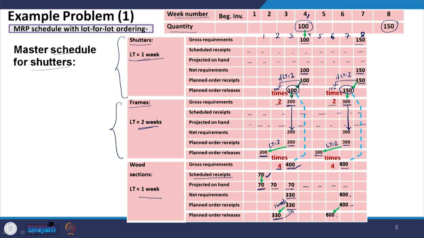So, I will place the order of 600 units in the 6th week, so that these quantities become available to me in the 7th week, and then I will use them for making 150 units of shutters which are required in the 8th week. So, this is how you can explode, you can develop as many rows depending upon how many components are there in your end product.